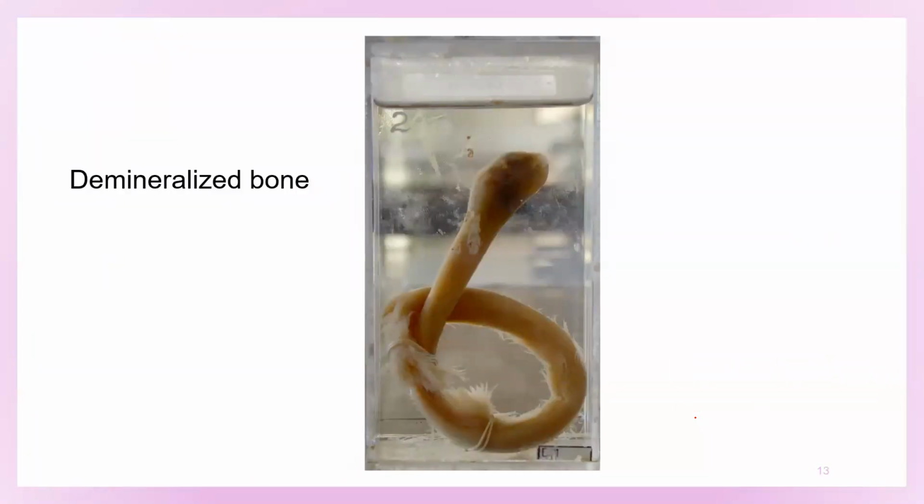Here you can see a fibula which has been decalcified and tied in a knot. All the mineral inside this bone has been dissolved by using EDTA. If you place a bone inside a solution of EDTA for a long period of time, all the calcium gets dissolved.